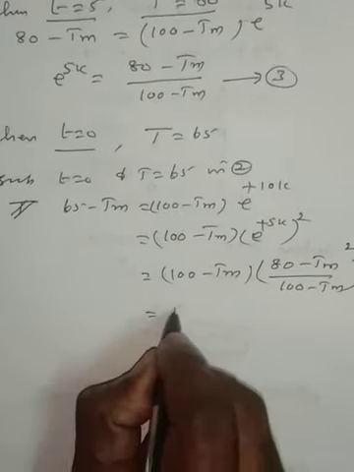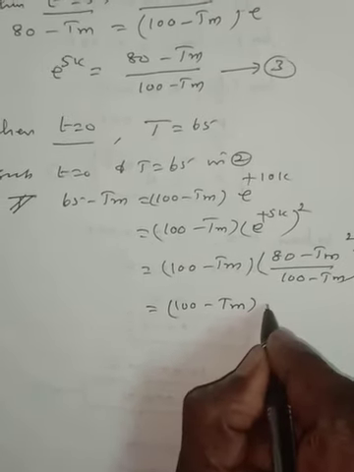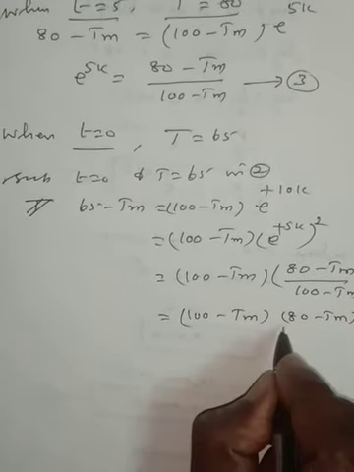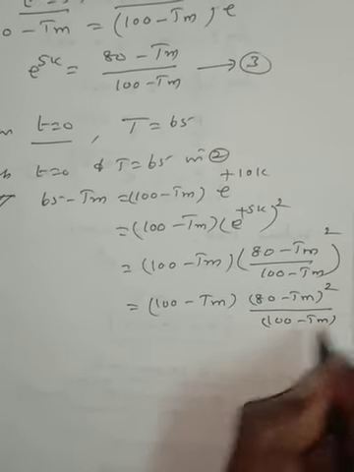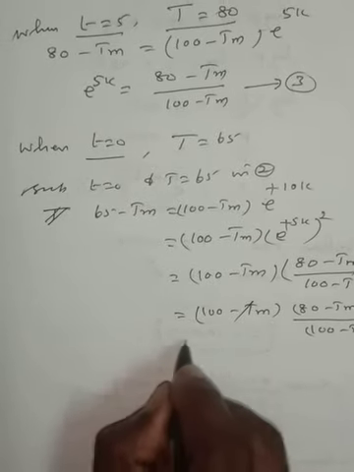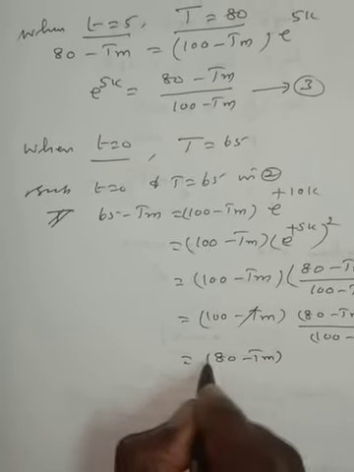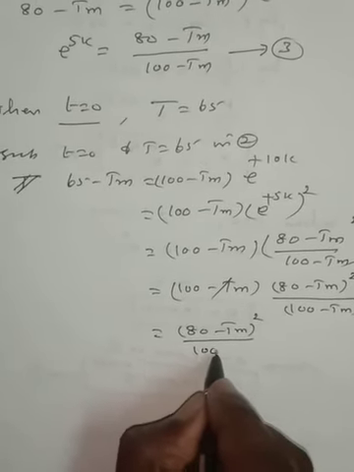This can be written as 100 minus Tm into 80 minus Tm whole square divided by 100 minus Tm whole square. This and this are cancelled. We get 80 minus Tm whole square divided by 100 minus Tm.